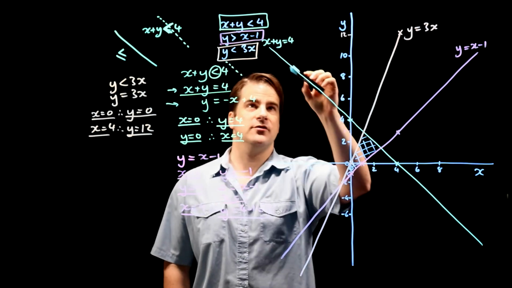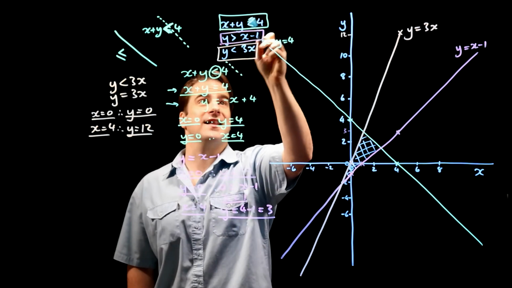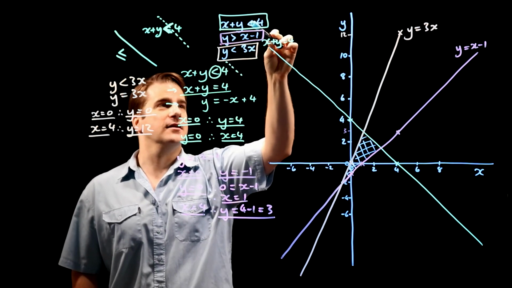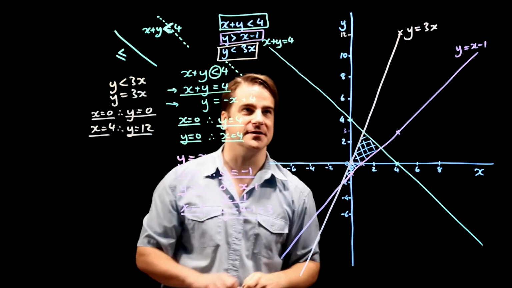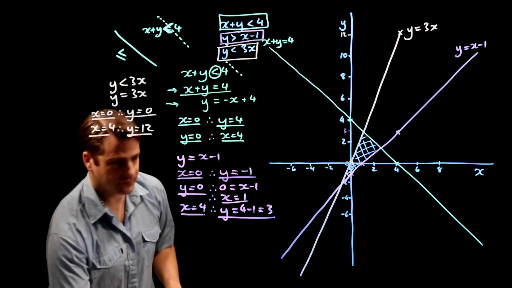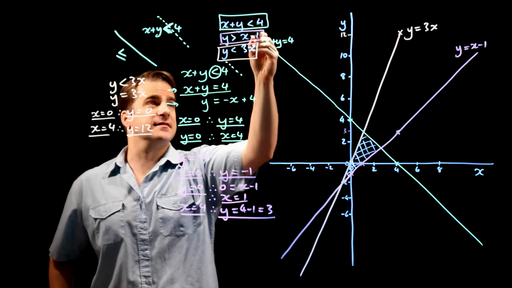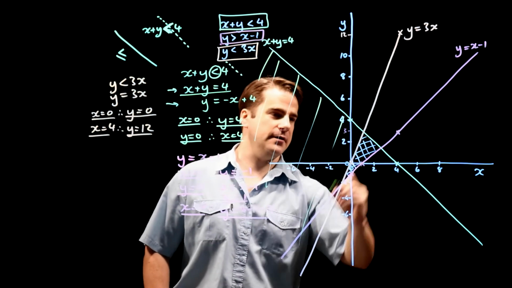So the region we're interested in has to be below the green line because it's less than 4. So the region x plus y is less than 4 is this whole region here. Okay?